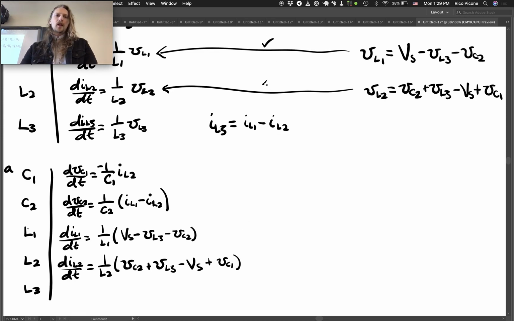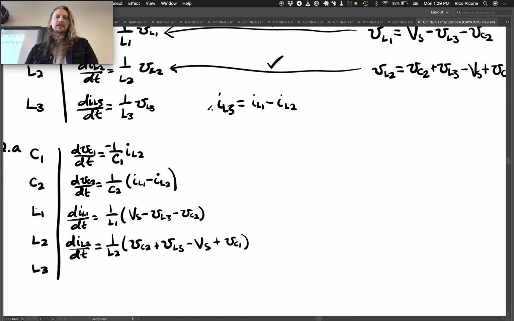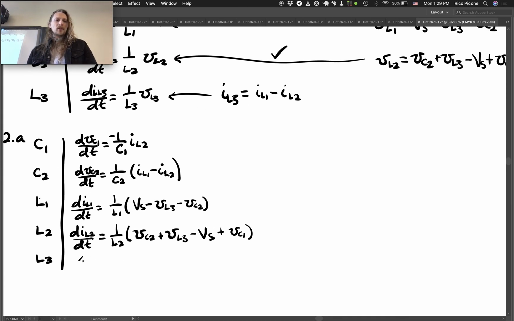Okay, check. Now we've got this last continuity equation to plug in. And that one says dIL3 dt equals 1 over L3 instead of VL. So we're plugging in for IL3, not VL3.